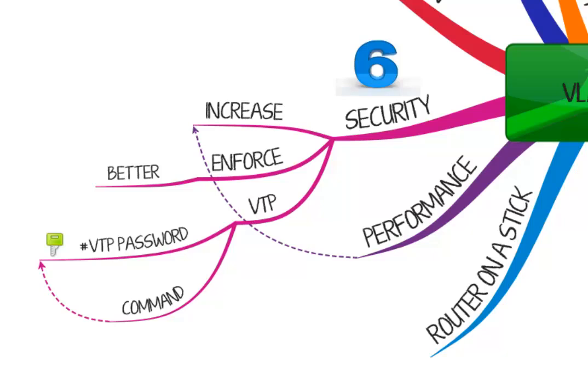VTP updates start to happen, and this piece of lab equipment causes lots of problems. So if you set up unique domain names and password protect them as a system administrator, you're going to save yourself a lot of headaches.